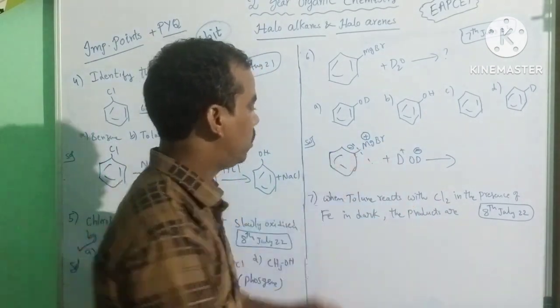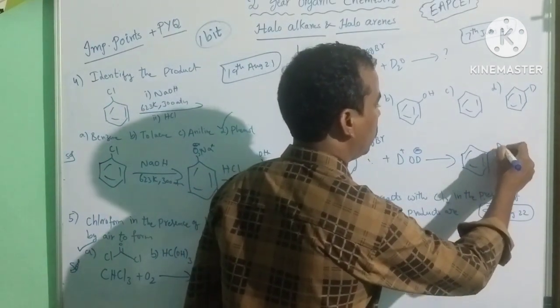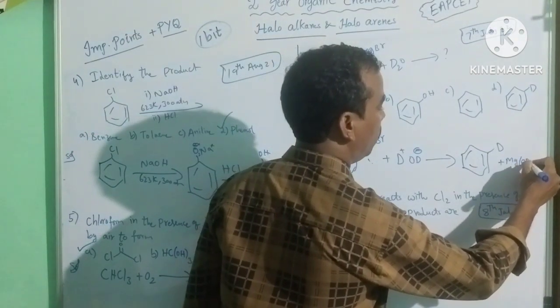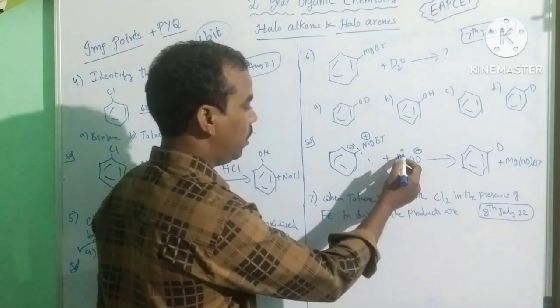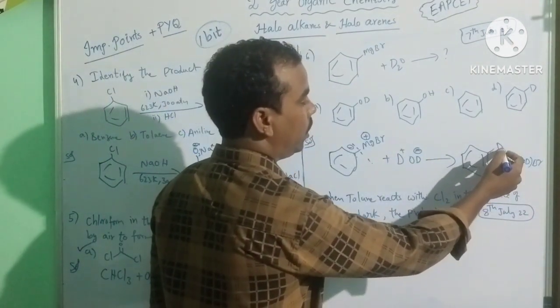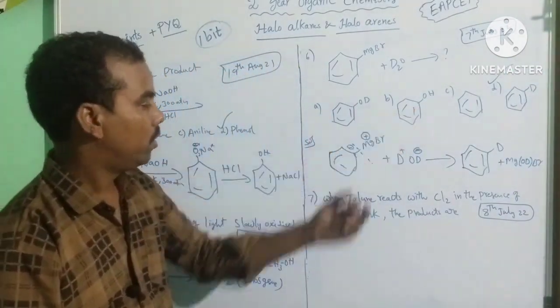D plus reacts with the phenyl negative ion. So here deuterated benzene is formed. So the option is D. Very important.